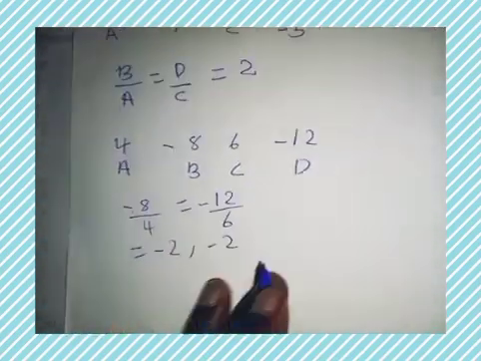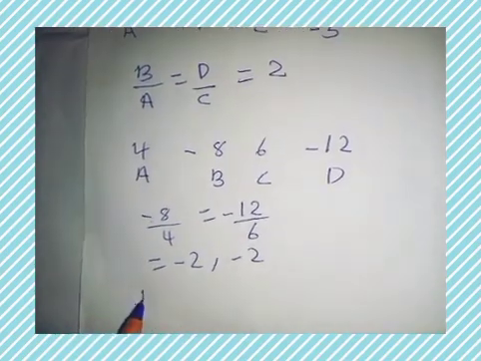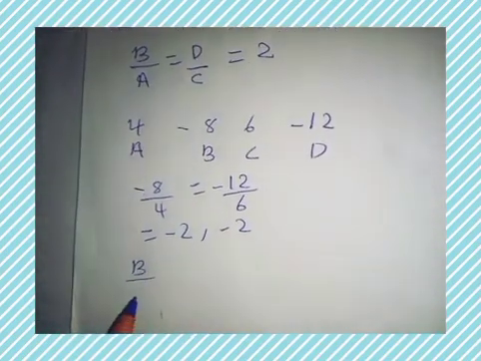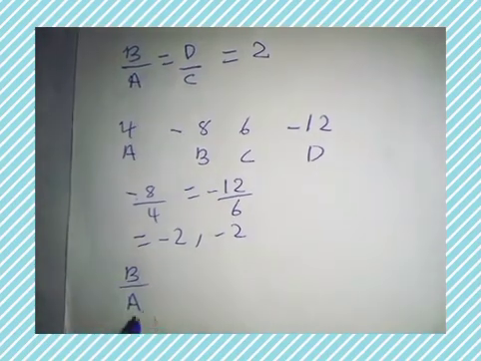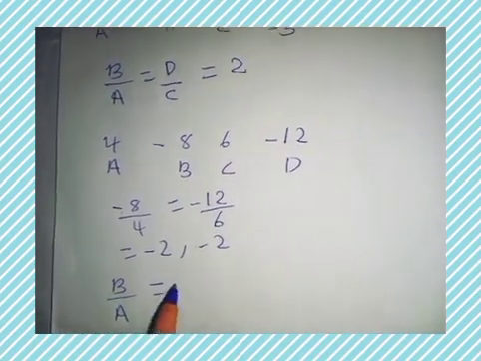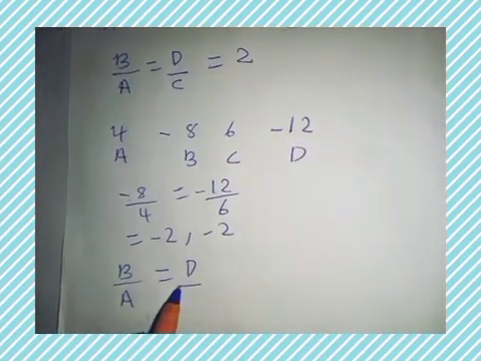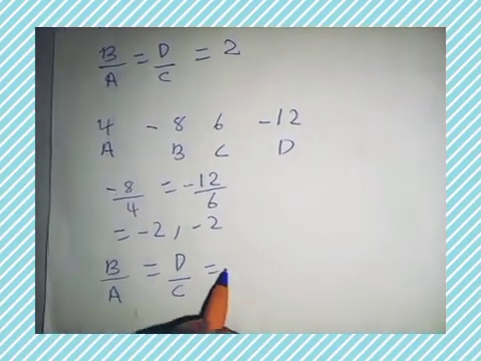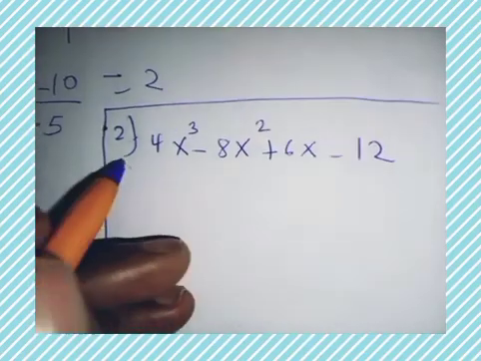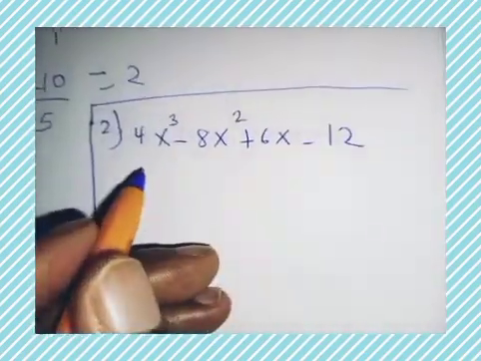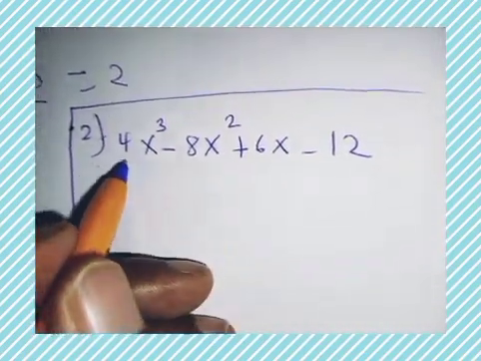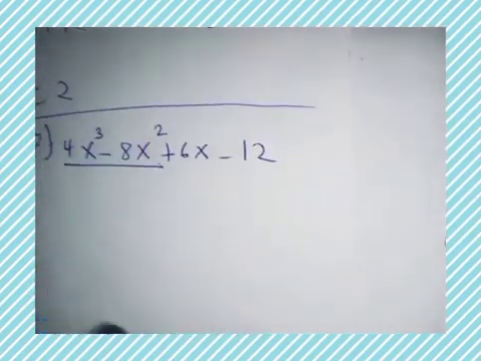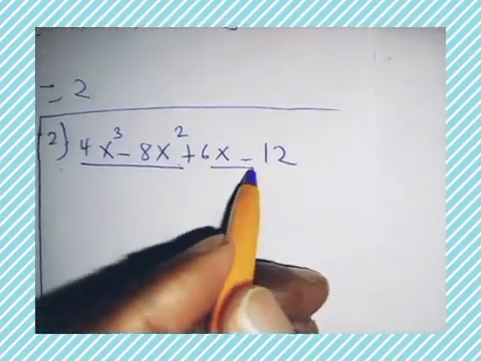We have seen clearly that B over A is equal to D over C, which is equal to negative 2. Since this ratio holds, we can pair the first two, and we also pair the last two.